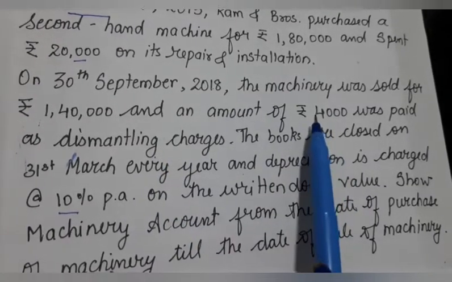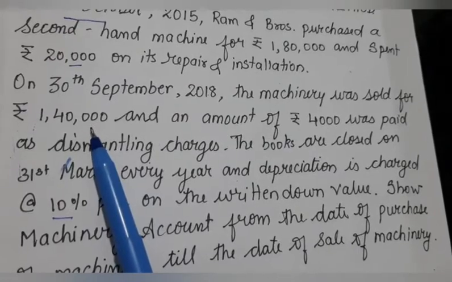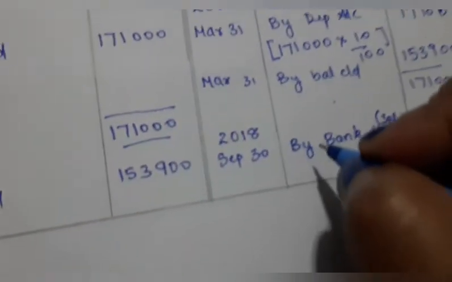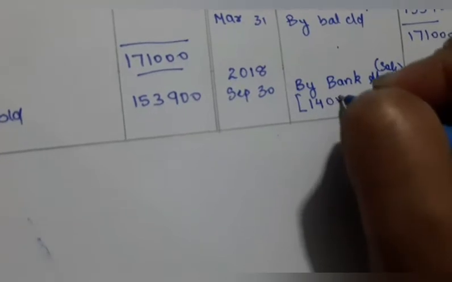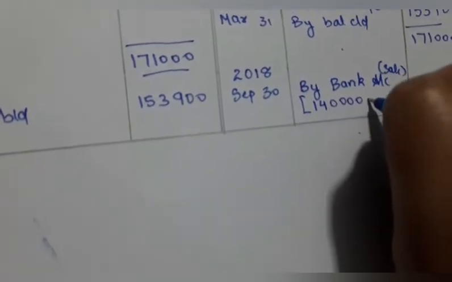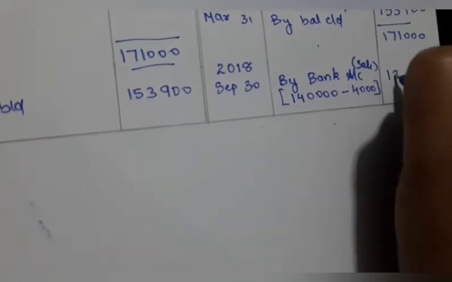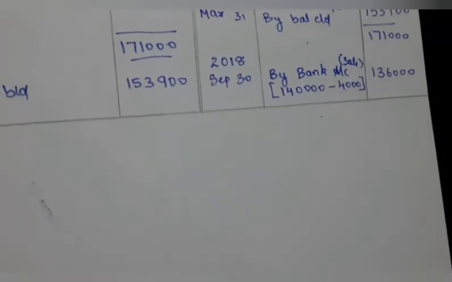So after incurring these dismantling charges, the rest of the money is 1,36,000. That is the sales value of this machinery. Okay, so how you got this bank account amount is 1,40,000, the sales value, less 4,000, the dismantling charges. So 1,36,000 is the sales value.